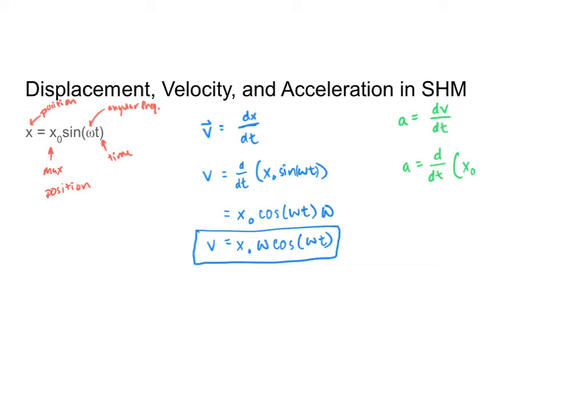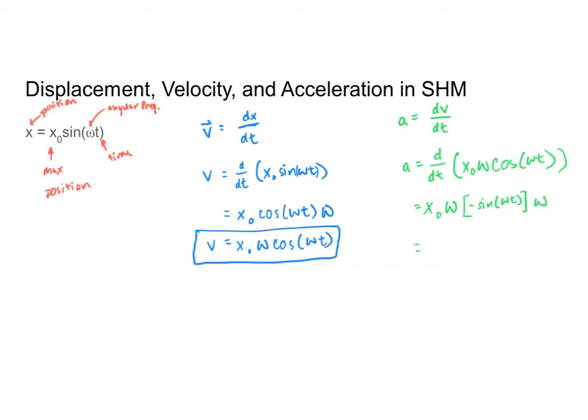So x naught times omega times the cosine of omega t. So again, I don't have to do anything to x naught times omega. However, I have to do a chain rule again with that cosine omega t. So the derivative of a cosine is negative sine, and we're going to leave that omega t the same. And then we'll do that chain rule with our omega t, and that will give us an extra omega.